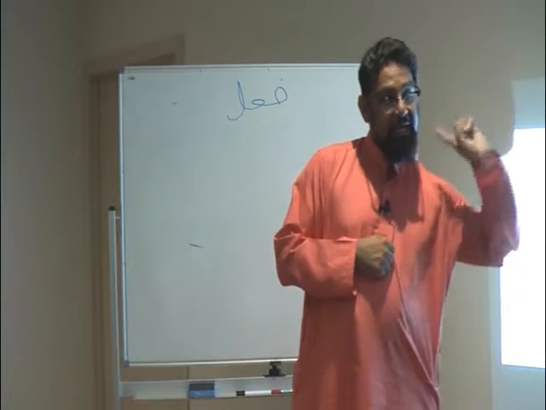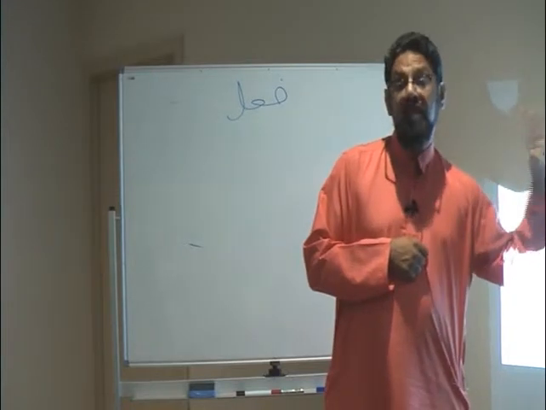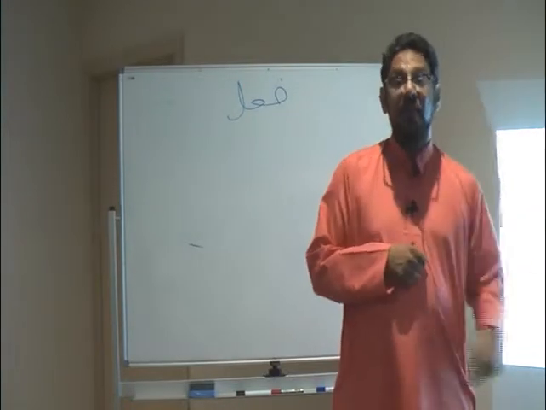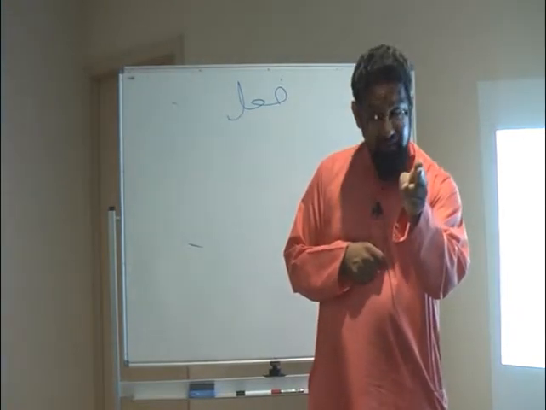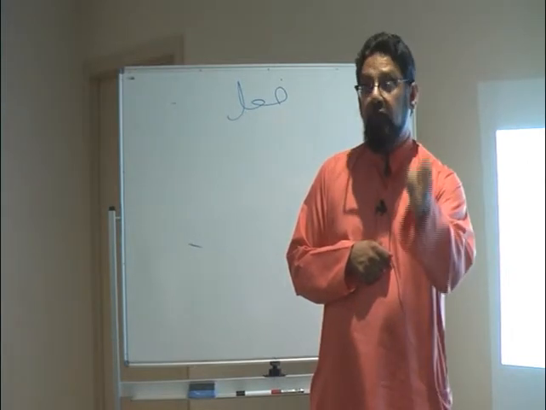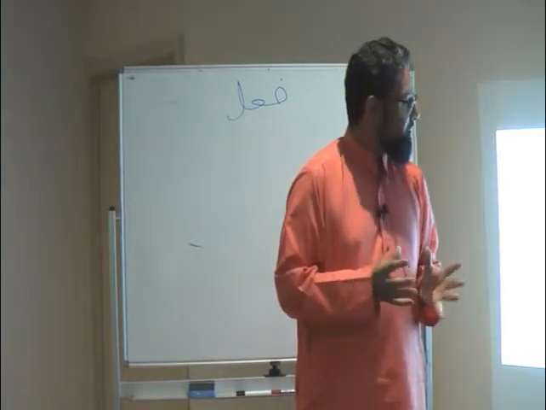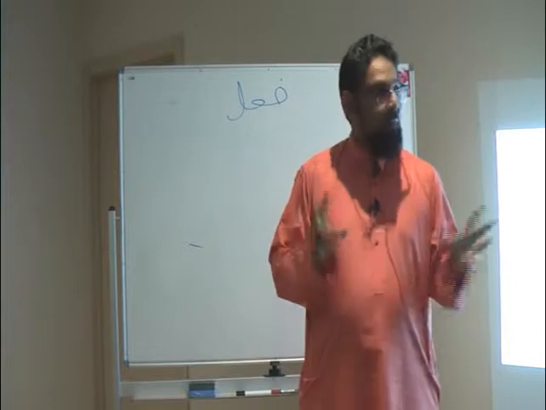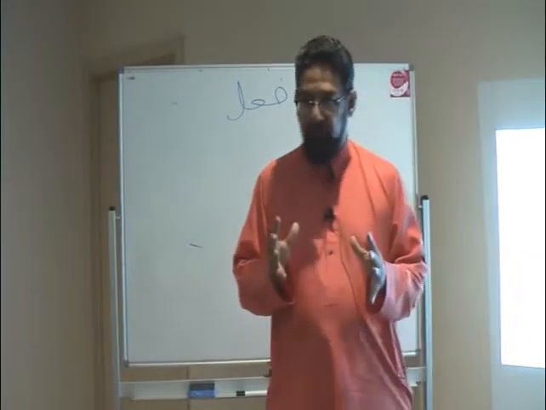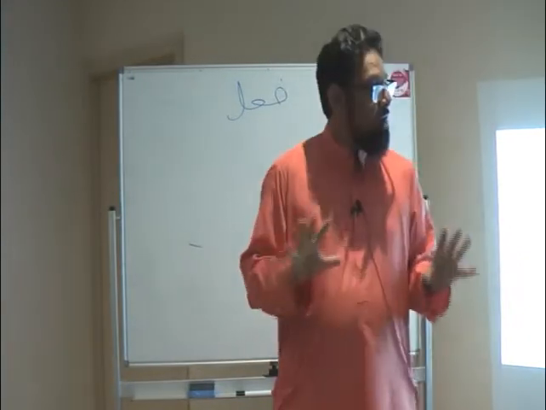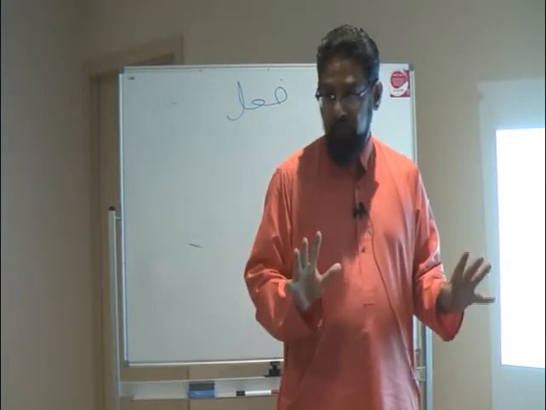Onto the female: hiya, she; huma, they two; hunna, they all; then anti, you; then antuma, again for you both; then antunna, you all; and then ana, I, and nahnu, we. Imagine you've just done quite a lot of conjugations with the hand signals. Does it look much simpler than just looking at a whole list you get confused with? You have just listed the whole of the personal pronouns conjugations in your hand signals. Isn't that great?